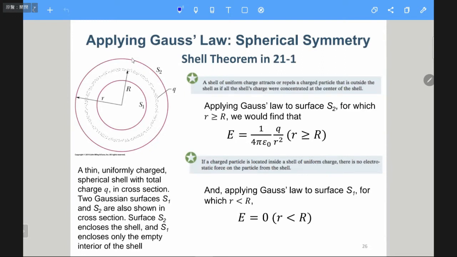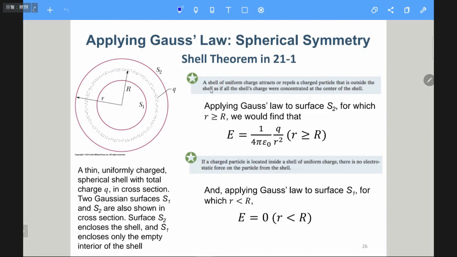Here we talk about applying Gauss law for spherical symmetry. So in chapter 21, we mentioned that there is the shell theorem. At that time, I was not able to tell you why it is correct, but here we can use Gauss law to really explain why it is like that.